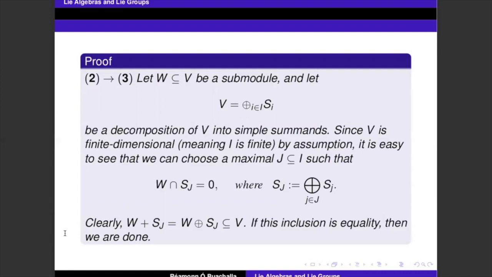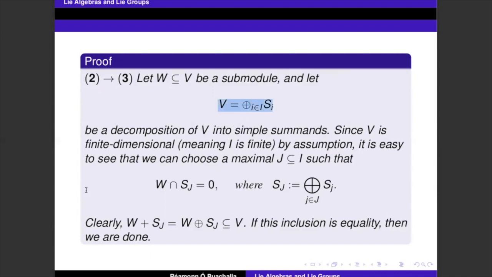So let V be a module and take a decomposition. So we're going from 2 to 3. That means that we're assuming that we have a decomposition of V into a direct sum of simple submodules. Okay, this is what we got here.